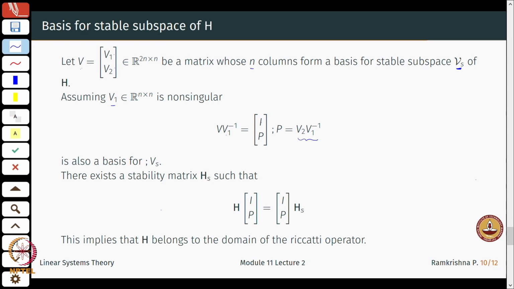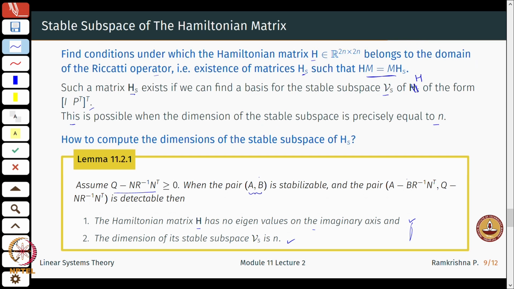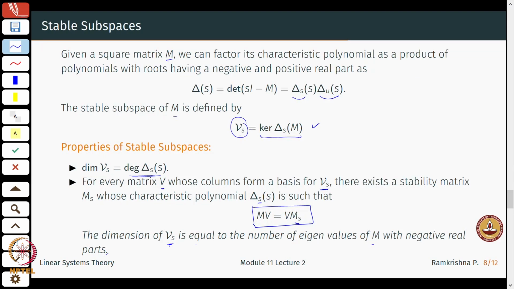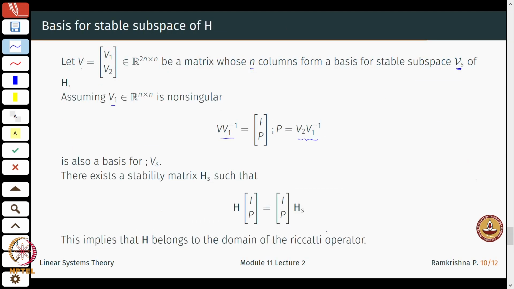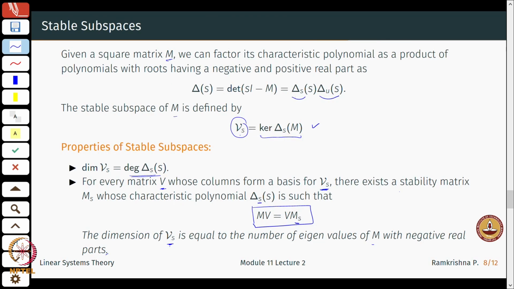Now, if V is a basis, then V V1 inverse is also a basis for Vs. And therefore, what is the property that we will exploit now? We will exploit the property of stable subspaces. For every matrix V whose columns form a basis for the stable subspace, there exists a stability matrix Hs, whose characteristic polynomial is such that HV is V Hs.